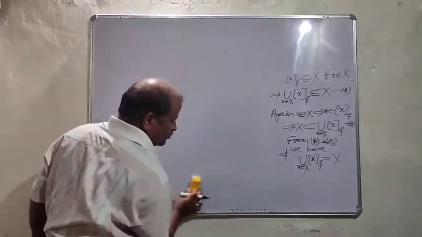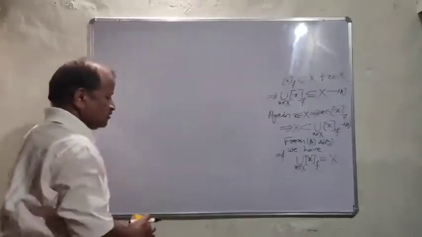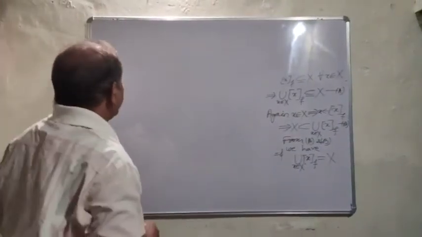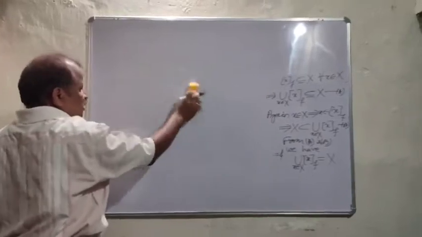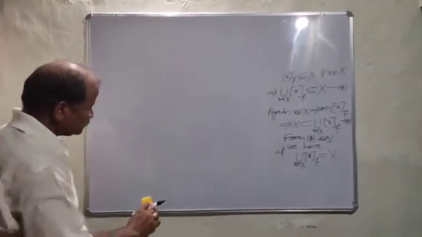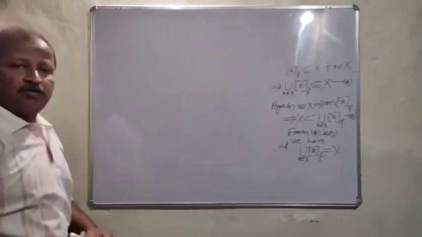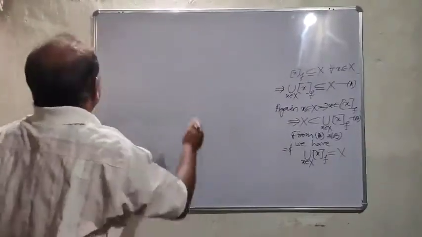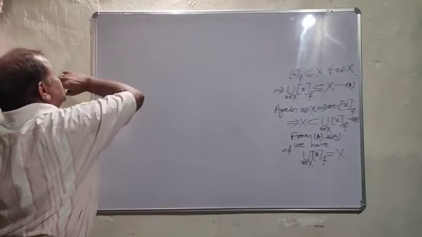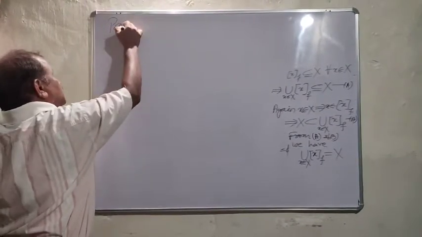Most of the people do not know what is a partition. That is why quarreling among brothers, quarreling among countries is always happening, right? Let us define what is a partition.